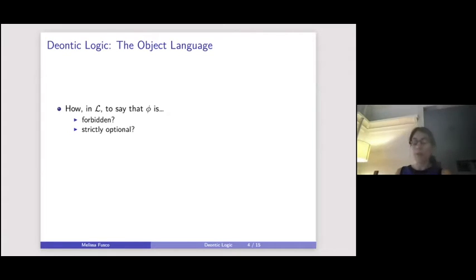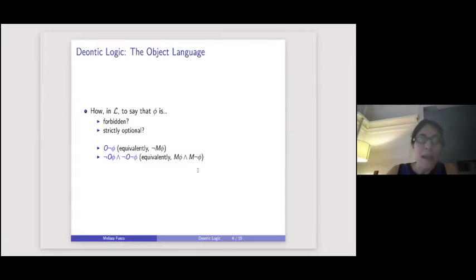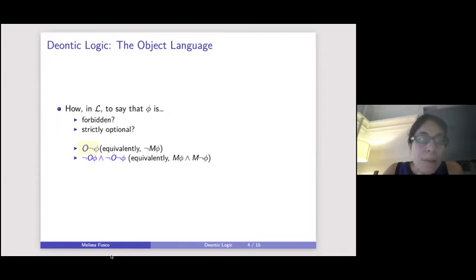The thought is that the expressive power of the language as we have it should be able to capture these. So you can think about that for a second. How, just in terms of ought and negation and conjunction, would you say that phi is forbidden? Well, it seems like you could say that phi is forbidden just in case you ought not phi, or equivalently, given duality, that it's not the case that you may phi.